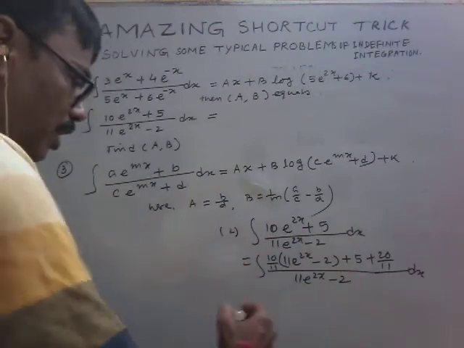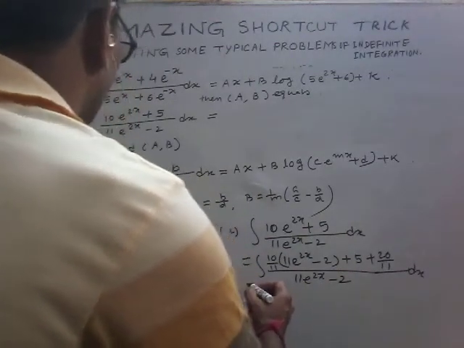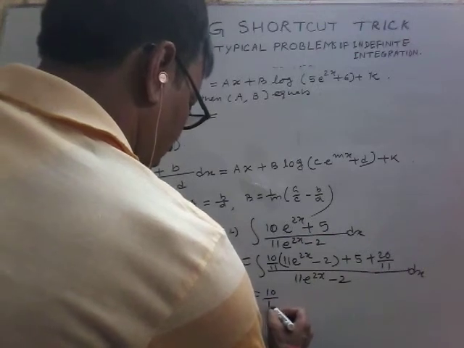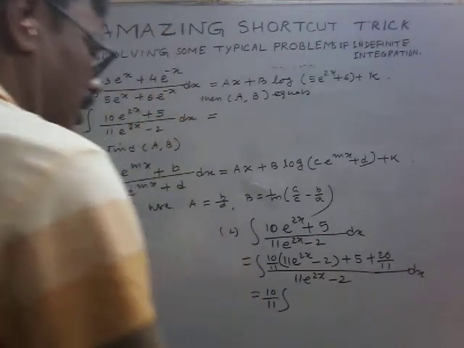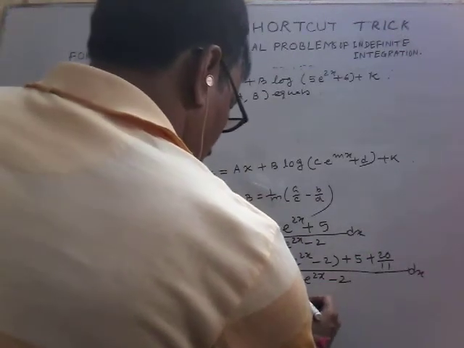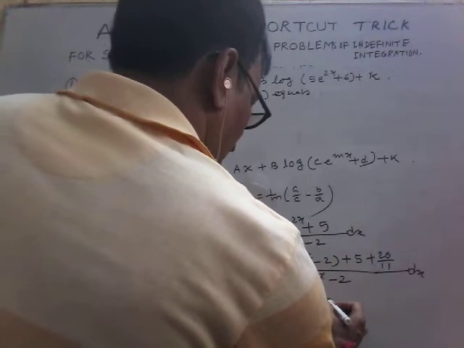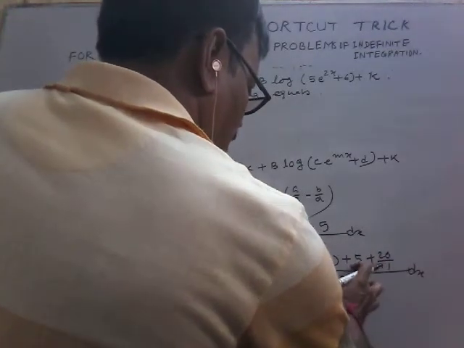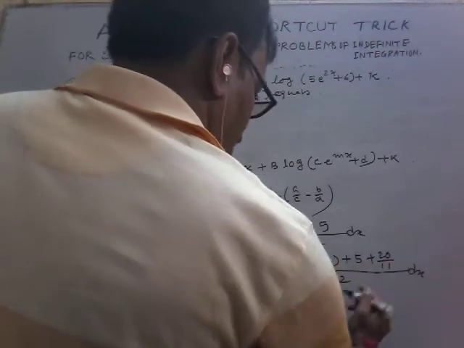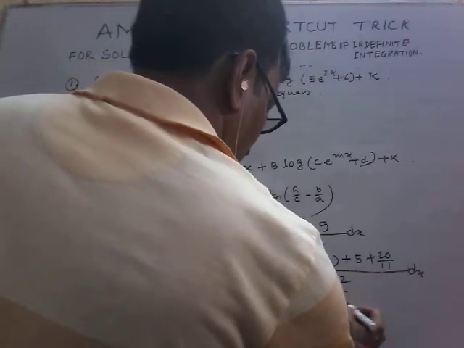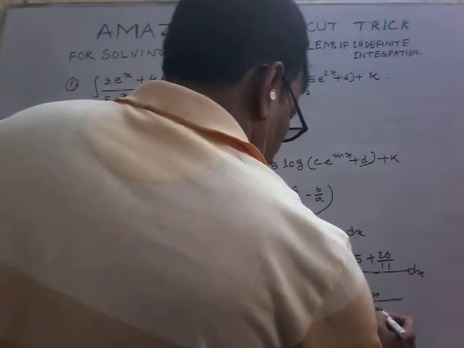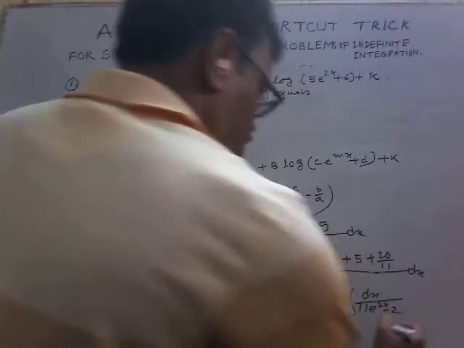Now dividing it into two parts, we get 10 by 11 times dx, plus (55 + 20) by 11, that is 75 by 11, times dx by 11e^(2x) - 2.